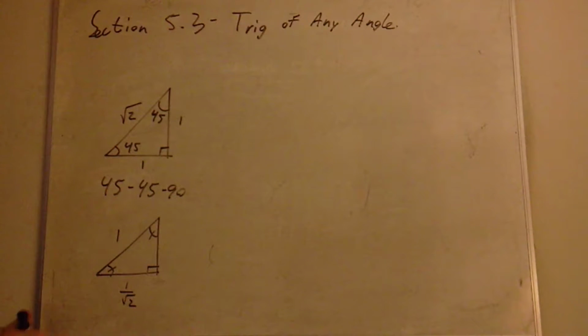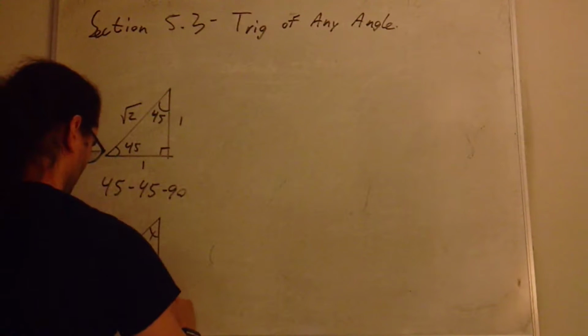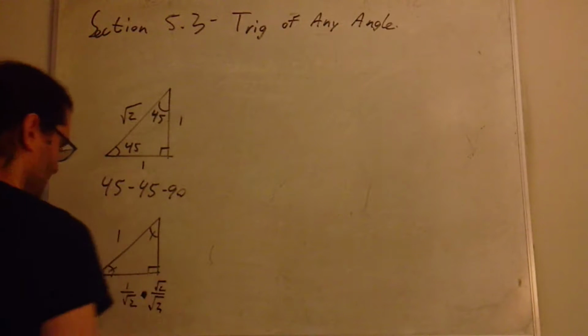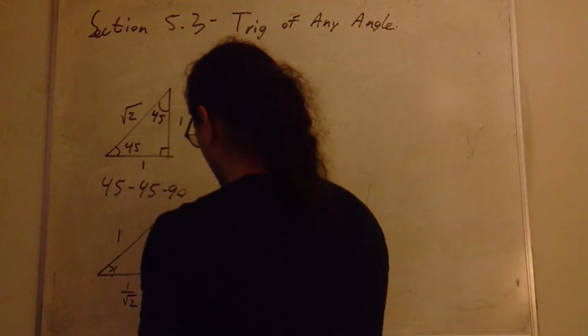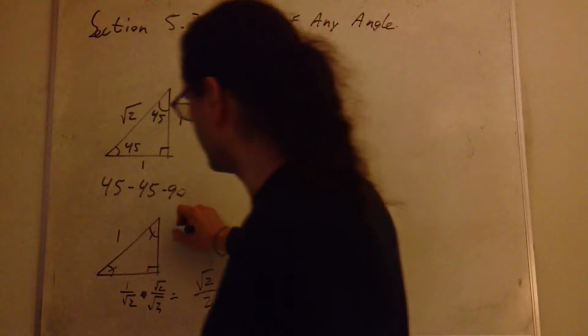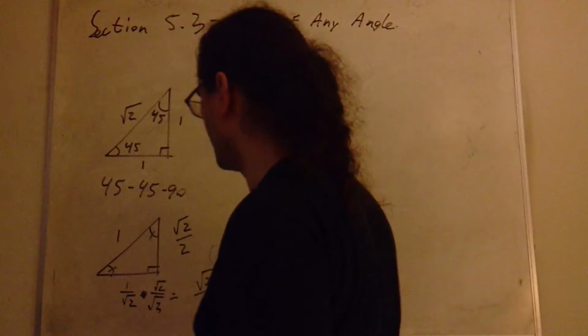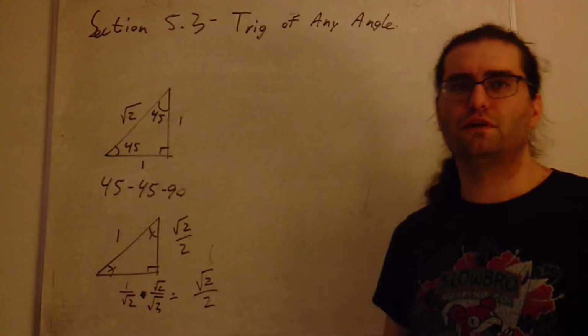So the official way to write this number is to rationalize the denominator by multiplying this fraction by root 2 over root 2, and that would give us root 2 over 2. And this side would be the same thing. Both of these are root 2 over 2. This is the official way to write this number.